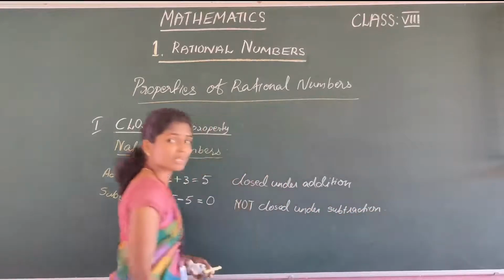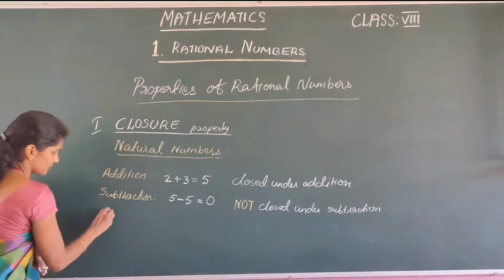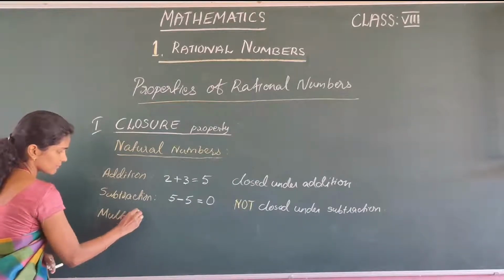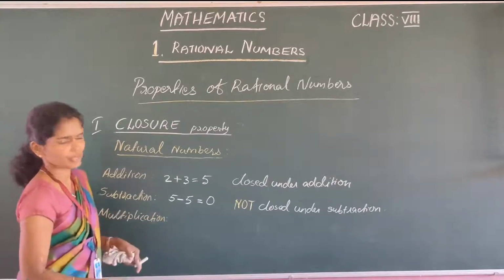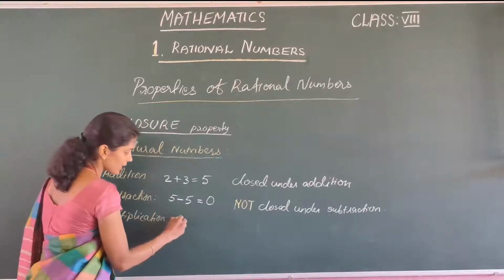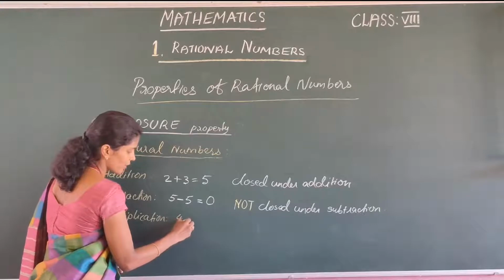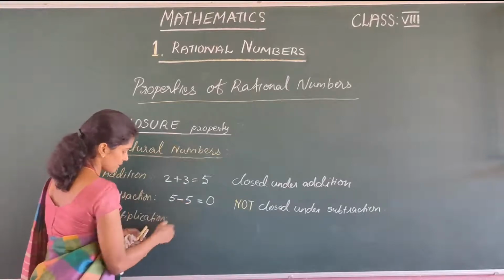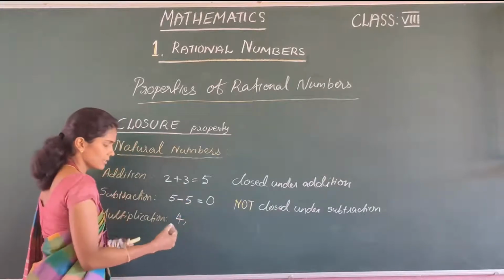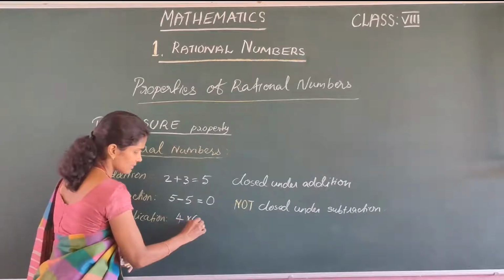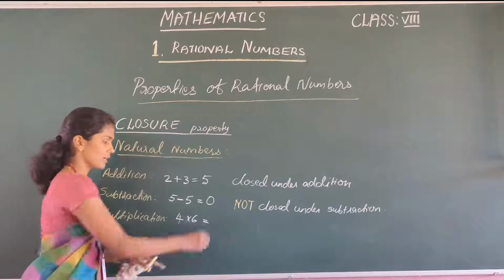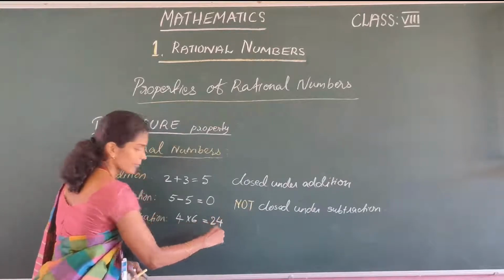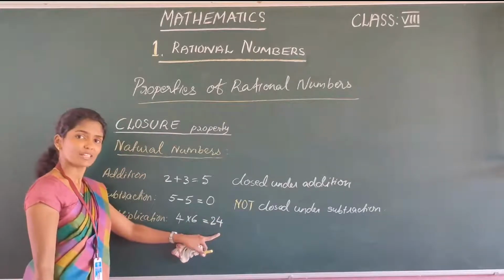Then check the multiplication. Take any two numbers. Okay, take 4 and, your choice, 6. What is the product of 4 and 6? This is 24. Is this a natural number?